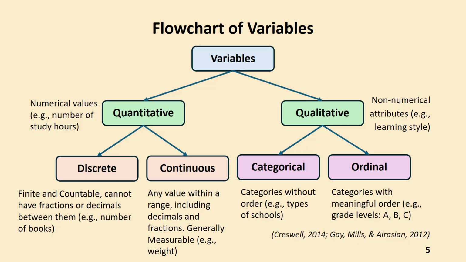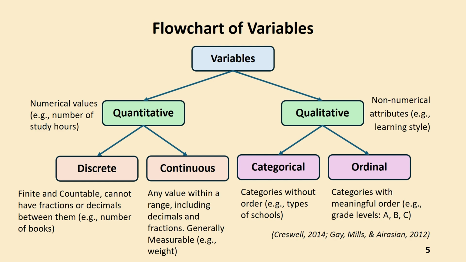Categorical, without order. Example, types of school, they do not have any specific order. And ordinal, categories with meaningful order, like grade levels: grade A, grade B, grade C. So this is the difference between quantitative and qualitative variables, which are further subdivided into discrete, continuous, categorical and ordinal variables.